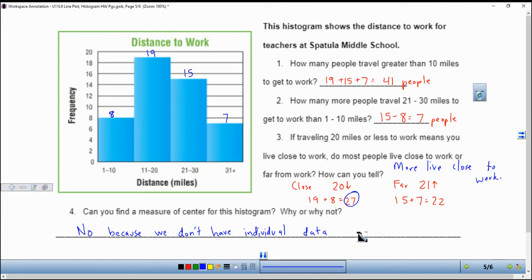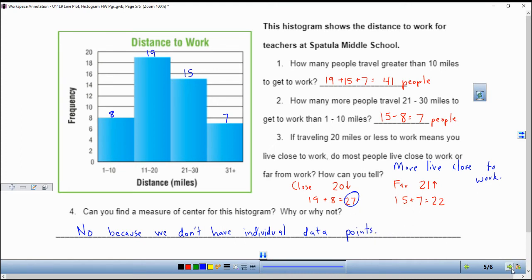We'd have to know each of these people, I think there's 49 people represented in this graph. We need to know each one of them to be able to figure out the mean or the median. Okay, so that's the end of that one.